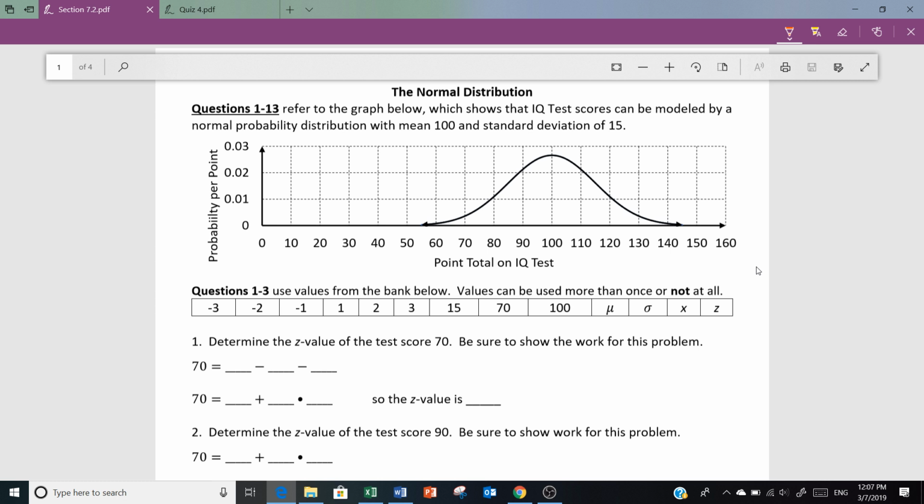Because you're taking 100 and you're subtracting 15, minus 15. So you're subtracting 2 15s. So do you remember how to find the z-value?